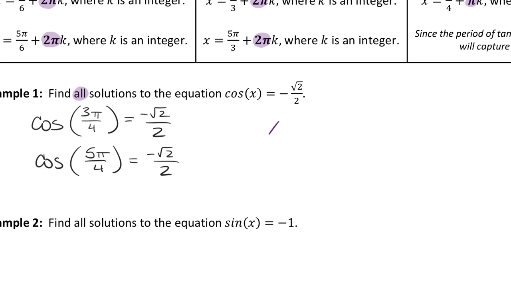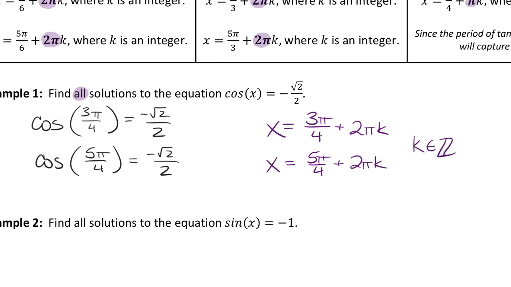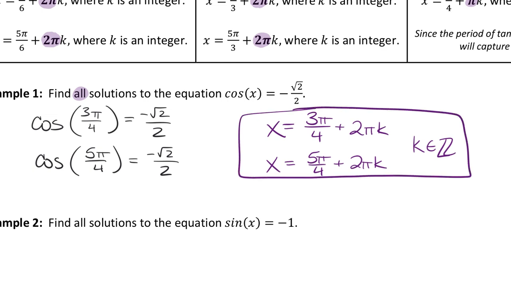We would write x is going to be equal to 3 pi over 4 plus 2 pi k, and x equal to 5 pi over 4 plus 2 pi k, given k is an integer. So this whole thing right here is the solution.